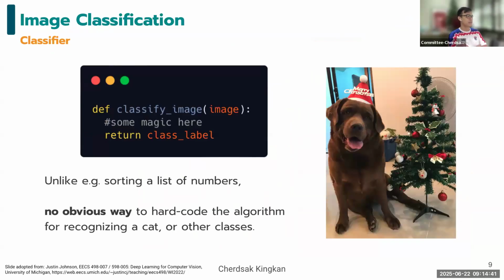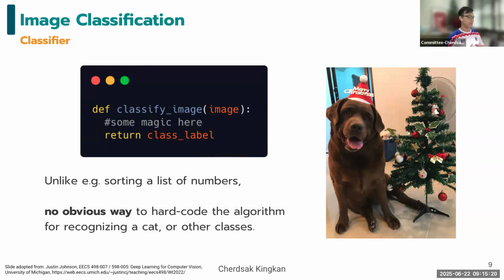So for image classification, what we are basically doing is we have some sort of function that receives the image as an input, and then it tries to figure out some features or characteristics within that image, and then come up with the answer of what the class label of this image is.